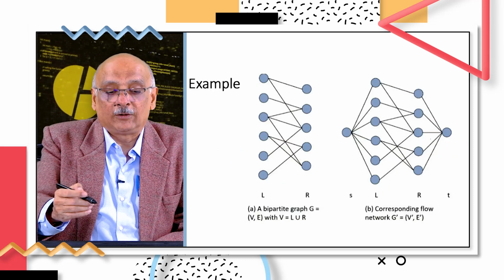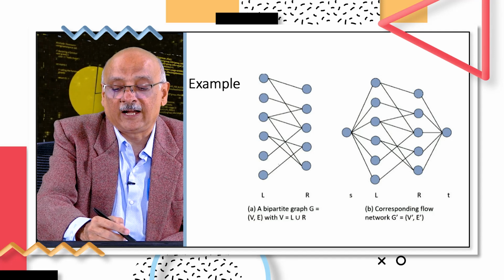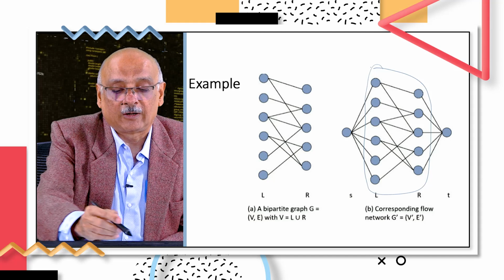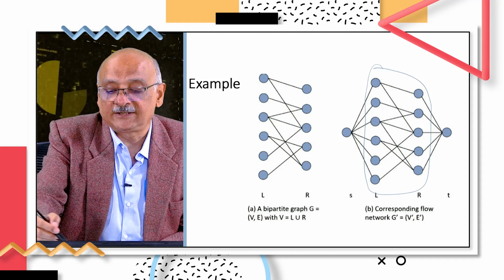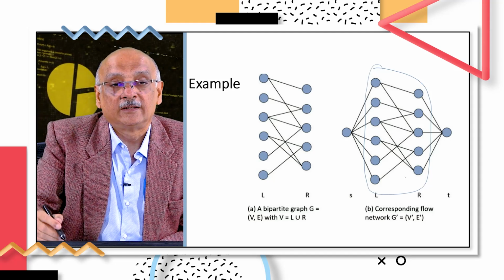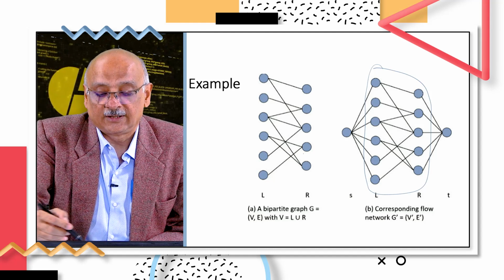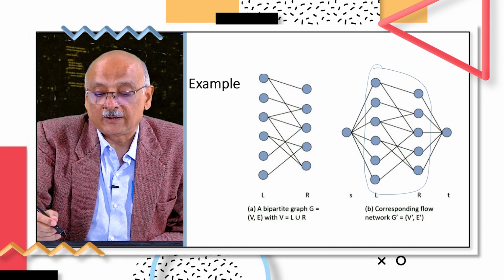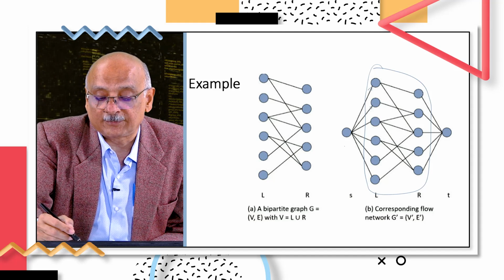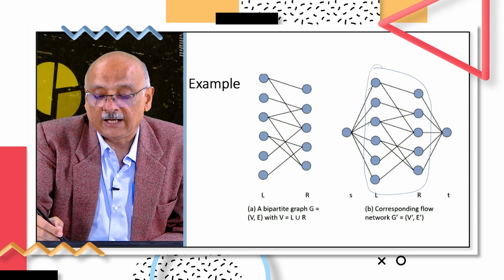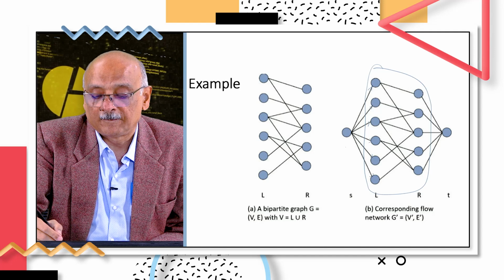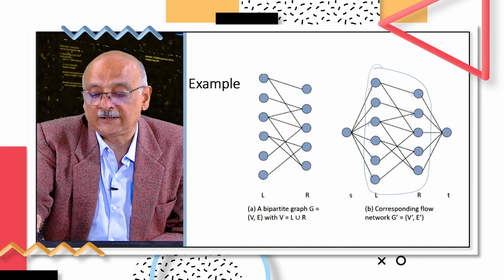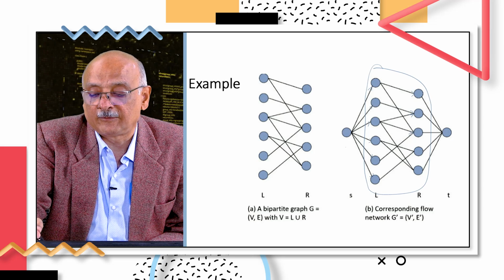So if we see, this was our graph. So this is what our L and R is, and it remains unchanged. Now, if I add this start node and these edges, they will have a weight of 1, and since there is no other weight, all the edges will have a weight of 1.